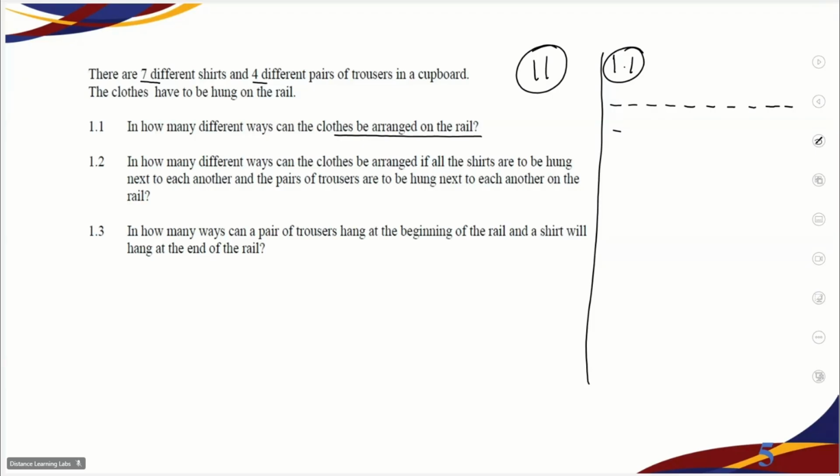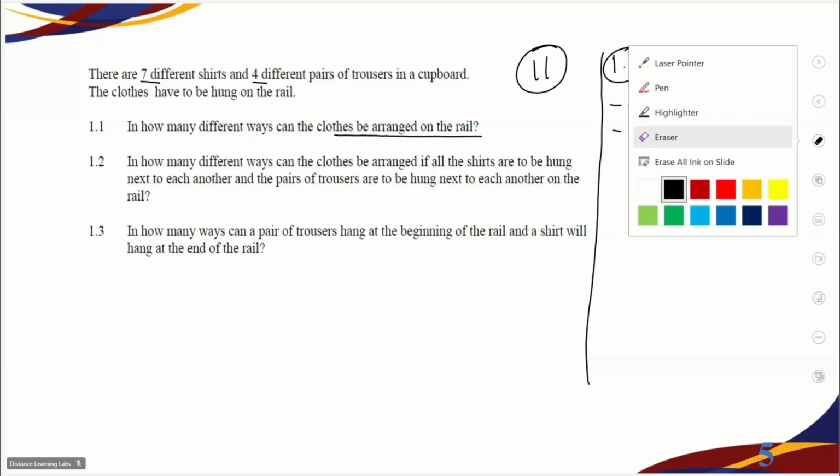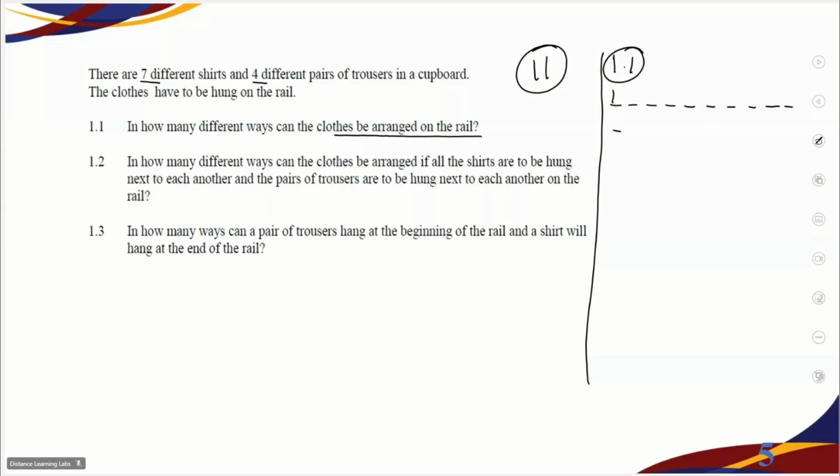Therefore, on the first position we are going to have 11, because all 11 of them will be competing for that position. Now, one of the 11 clothing items occupies that position. That leaves us with 10 for the second position.